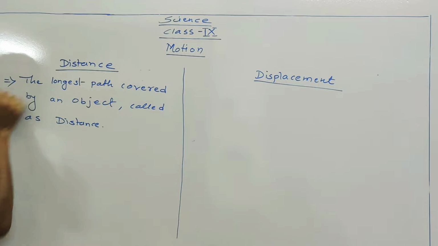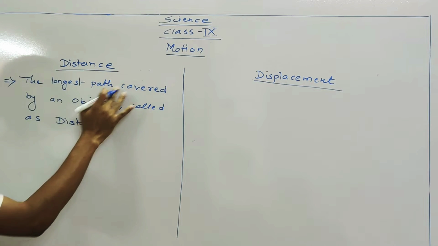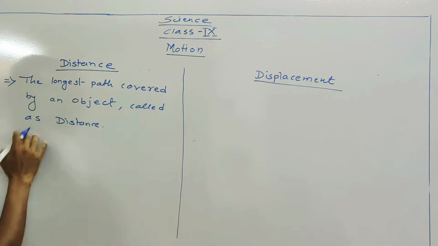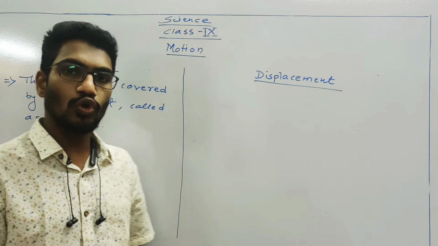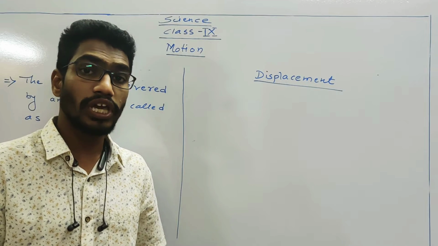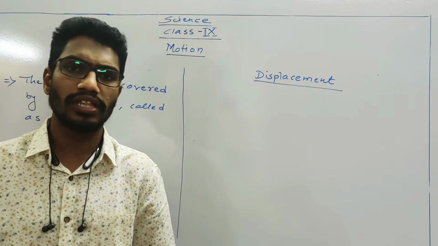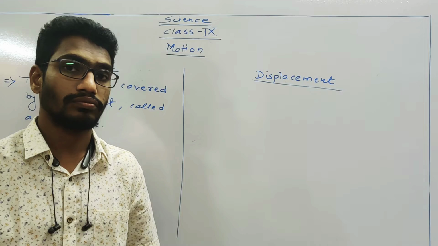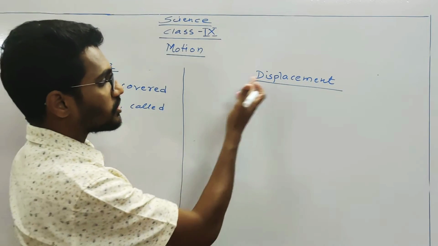That will be the definition. What is distance? The longest path covered by an object is called distance, no matter what the direction is. Okay. Now think about what displacement is then. Are both the same thing? No. See the word displacement.